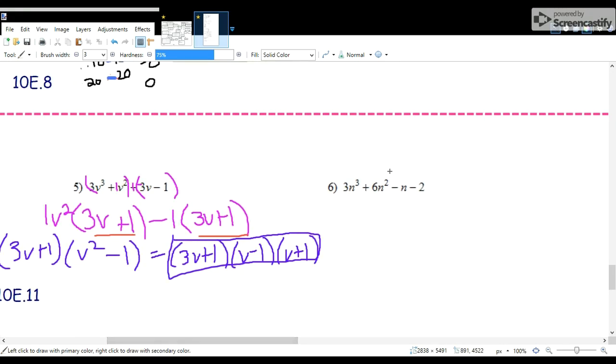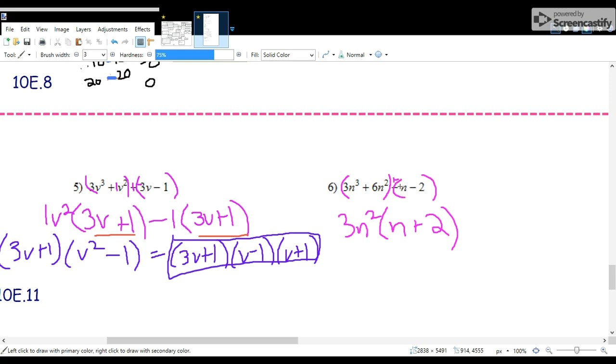And number 6, let's go ahead and make our parentheses. Put a plus sign. There you go. The GCF of 3 and 6 is 3. The greatest common factor of n cubed and n squared is n squared. What's left over on the inside is n plus 2. Okay?